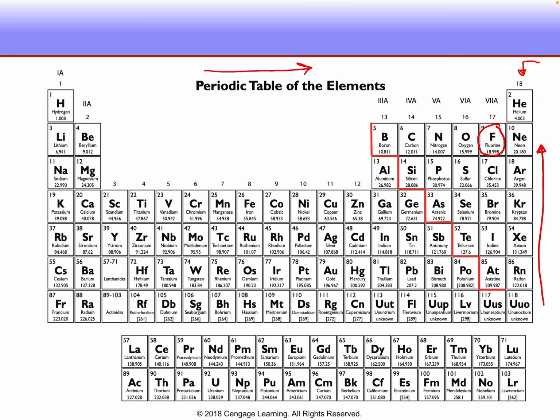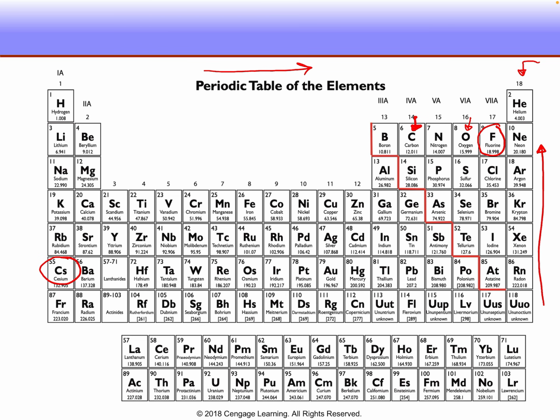That means fluorine has the greatest ability to attract electrons. And the least electronegative element is cesium. And so in general, as you get closer towards fluorine, an atom has the ability to attract more electrons than ones that are further away. So oxygen is more electronegative than carbon.